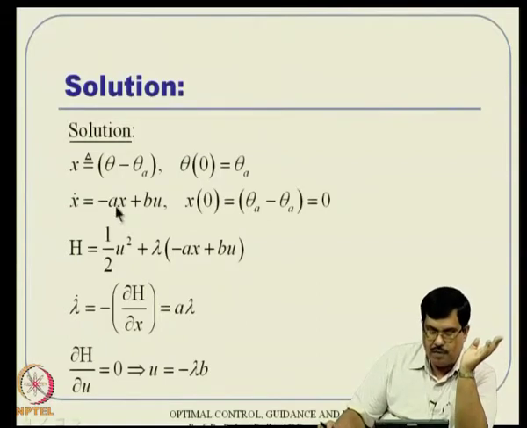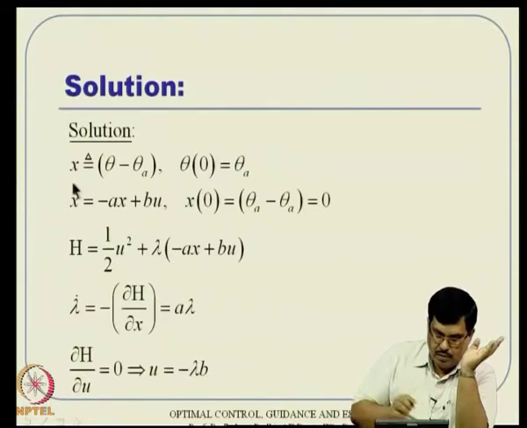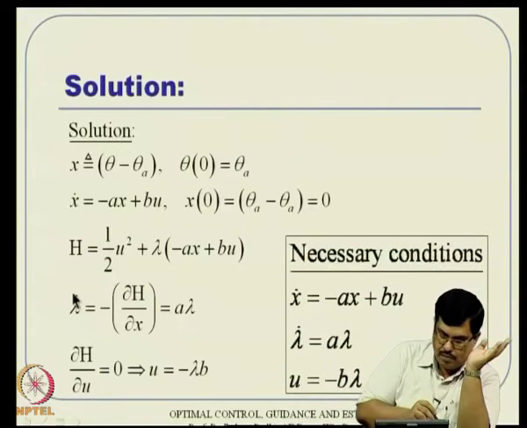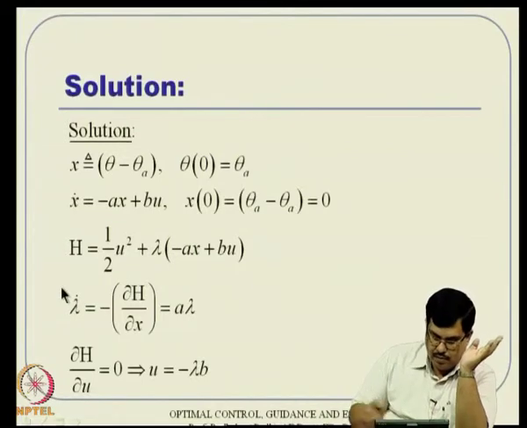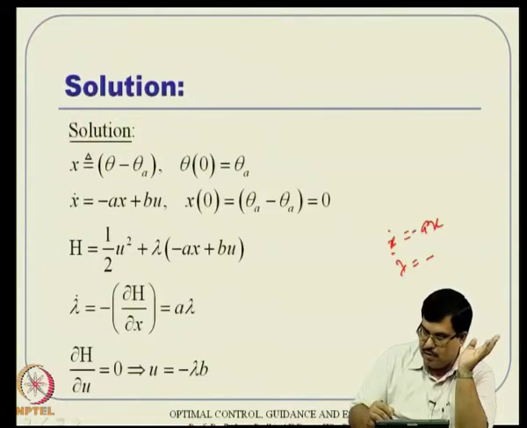Very interestingly, let us assume that a is positive, and consider the homogeneous system where u is 0. On one side you have x dot equal to minus a x, and on the other side you have lambda dot equal to a lambda.